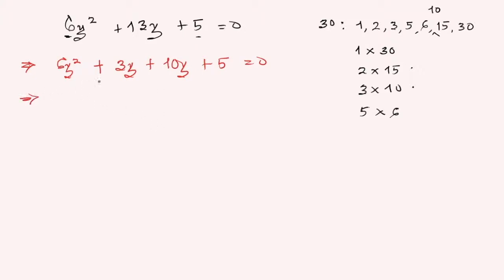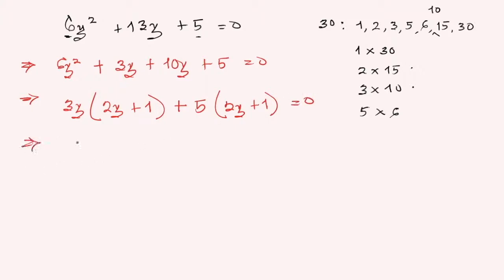So we can factorize 3y from here. This is going to be equal to 3y into 6y squared divided by 3y is going to be equal to 2y plus 3y divided by 3y equals 1. And in this case, 5 is common to both terms here. So 10y divided by 5 is equal to 2y, and 5 divided by 5 is equal to 1.